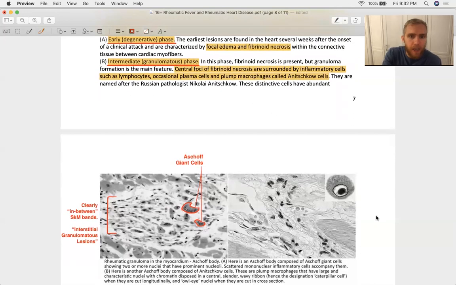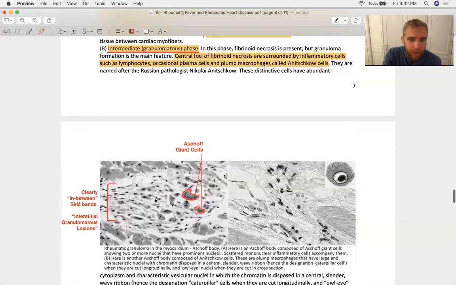But then when you get into the granulomatous phase, that's when the granuloma-like lesions in between muscle bundles will begin to develop. So if you see something like this on the left on page 8 here, you know that you're looking at an intermediate phase lesion.